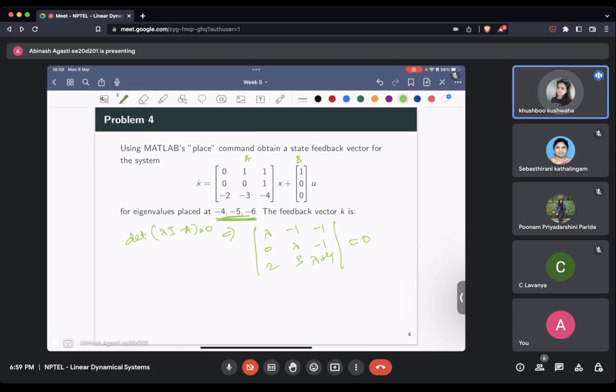So minus 2, minus 1, and minus 1. Minus 2, minus 1 and minus 1.